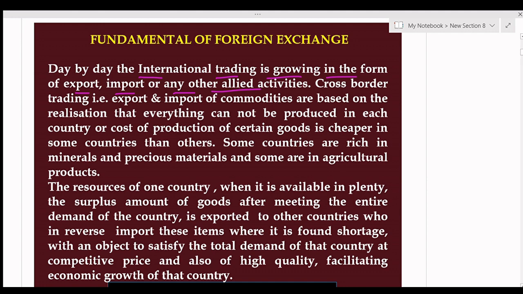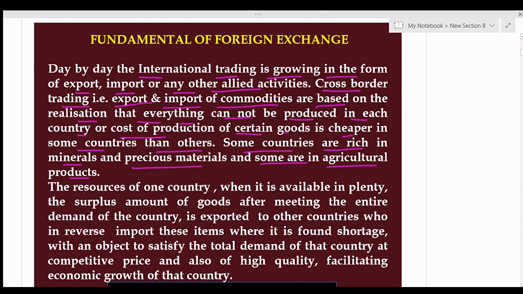Now come to the main point, cross-border trading, that is trading between two countries. The export and import of commodities are based on the realization that everything cannot be produced in each country, or the cost of production of certain goods is cheaper in some countries than others. Some countries are rich in minerals and precious materials and some in agricultural products.